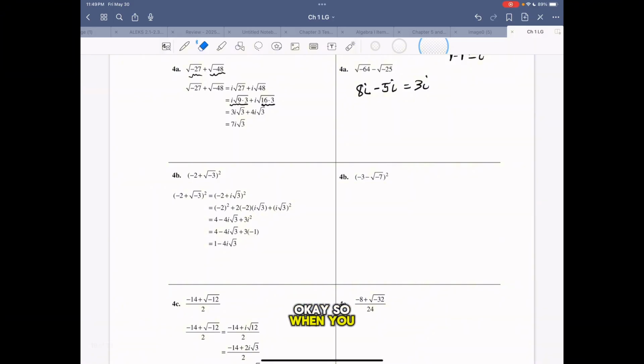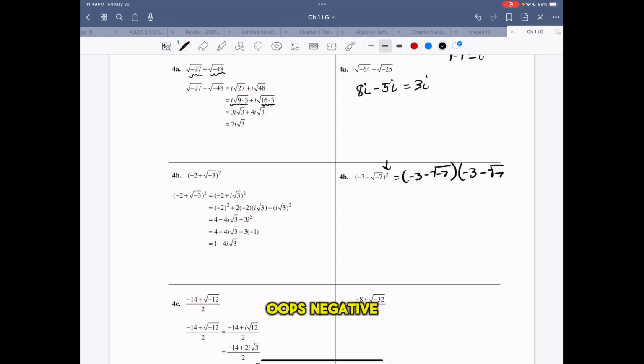Okay, so when you are multiplying, well, you see the square here. So that means you're just going to write this twice. Negative. And then the first, which would be 9, outside, which would be positive, right?